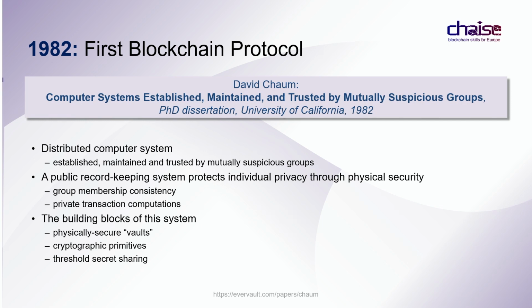The building blocks of the system include physically secure vaults, existing cryptographic primitives, and a new primitive introduced by Chaum, threshold secret sharing, meaning where some threshold of the partial keys are sufficient to reconstruct the original key from which the partial keys were originally formed.